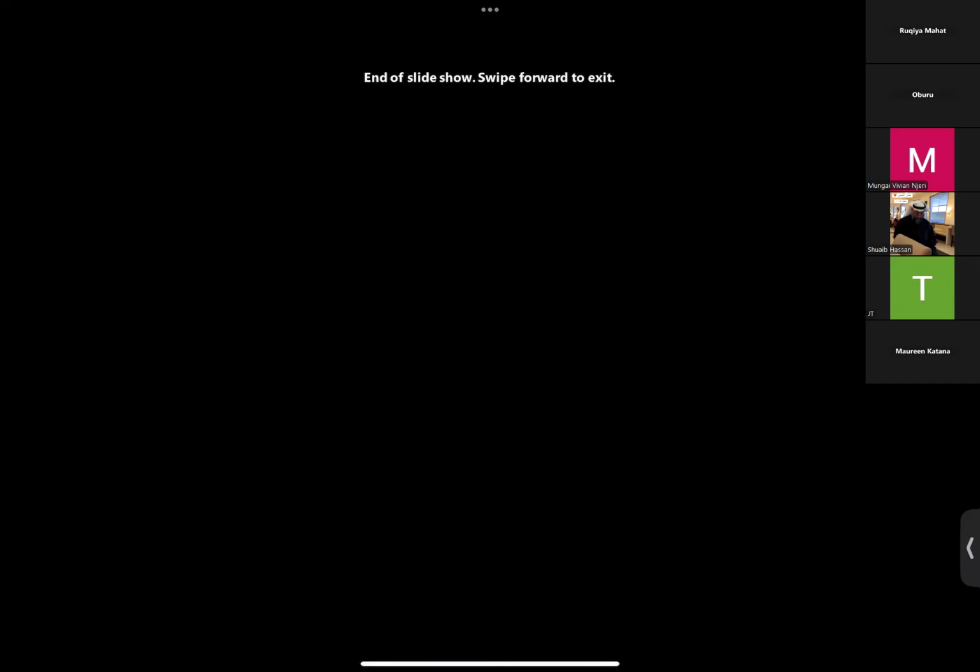Dr. Oburu, I have a question. When asked to do a pelvic examination, is it the same as a hip examination, or are there some salient differences between the two? A pelvic examination in orthopedics? Usually it's very rare you'll be asked to do a pelvic examination.